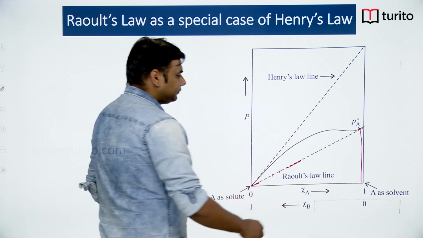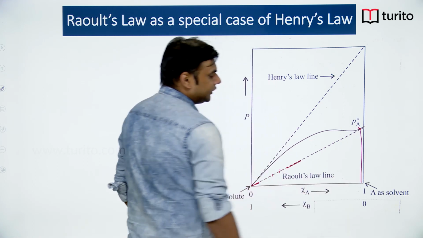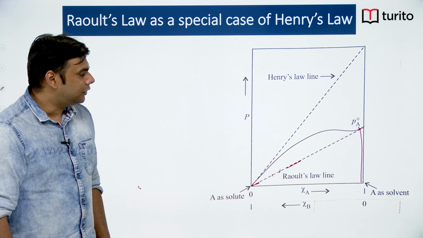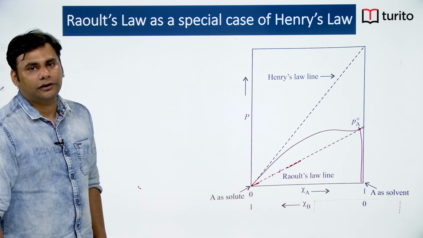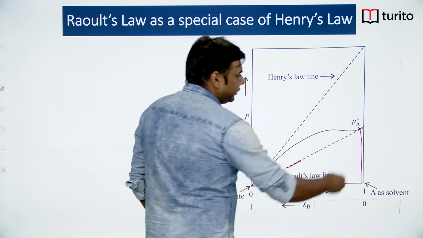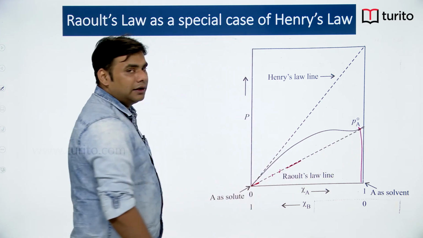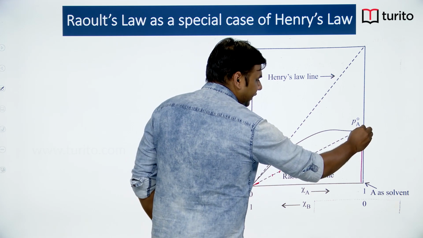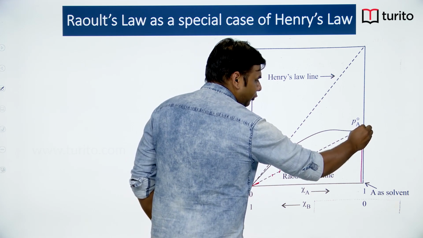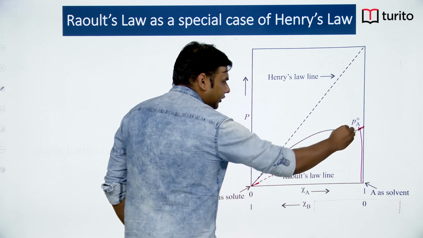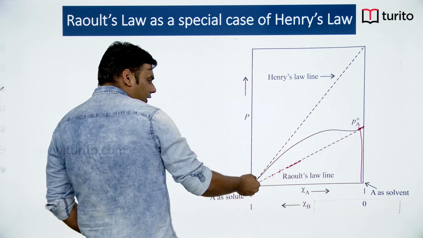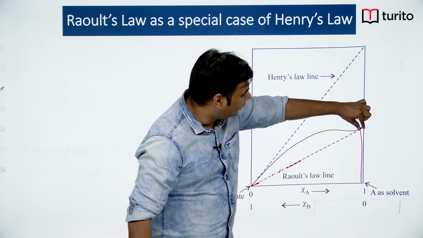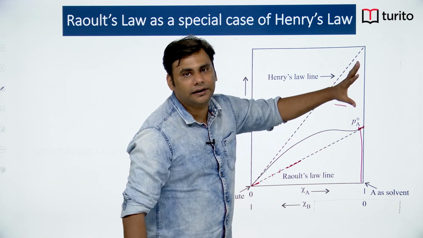At very low concentration, or at infinite dilution, where the mole fraction of solvent is approaching 1, the solution will be ideally dilute and obey Raoult's law. In this small region the variation of pressure is almost a straight line. If you draw a tangent, we get the Raoult's line. At this particular concentration, this real solution behaves ideally.